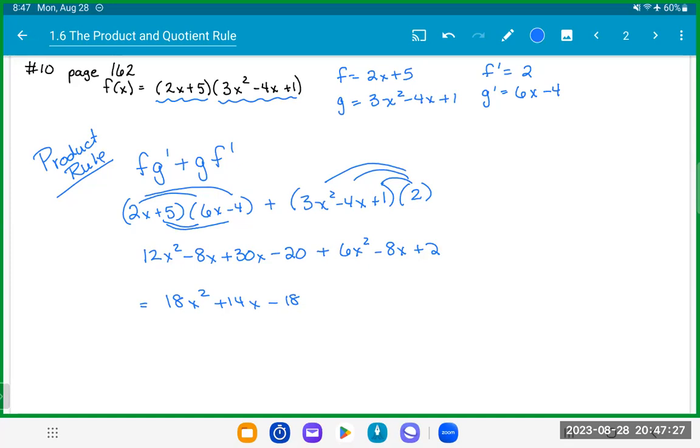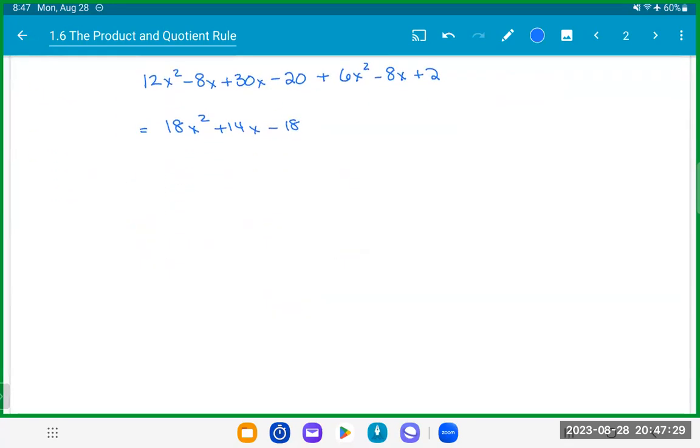Okay. I am going to show you if we had used the power rule, right? If we had used the power rule, first of all, I have this f of x equals 2x plus 5 and 3x squared minus 4x plus 1. That's our given equation.